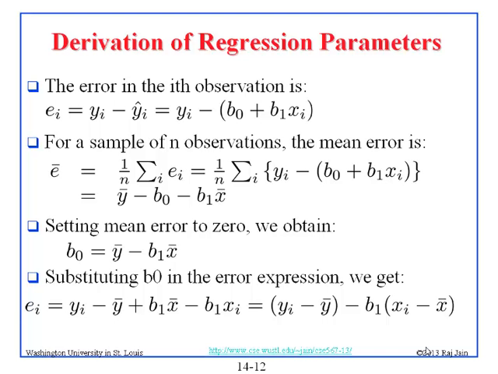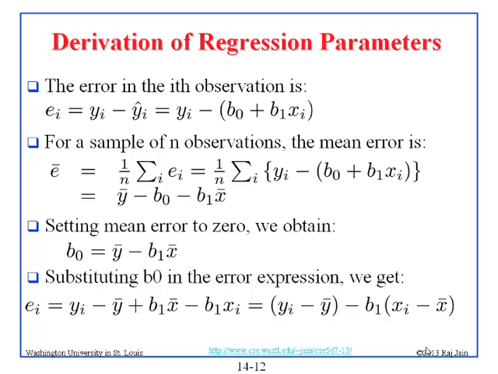But we know that y hat is b0 plus b1 x, so the error is basically yi minus this quantity, and this would add up to 0. Y bar minus b0 minus b1 x bar, this is one equation we get, equal to 0.